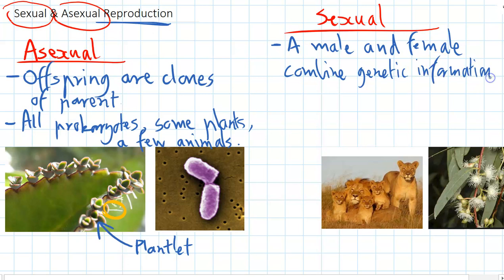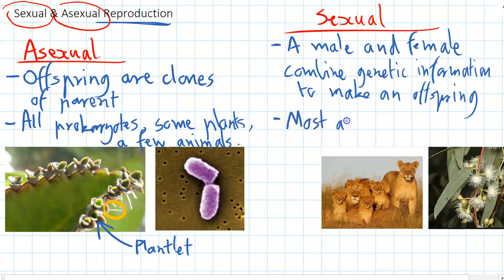Alright, and obviously this happens in pretty much all of the animals and the plants as well, and the fungi. So the most common kingdoms that we're used to seeing.